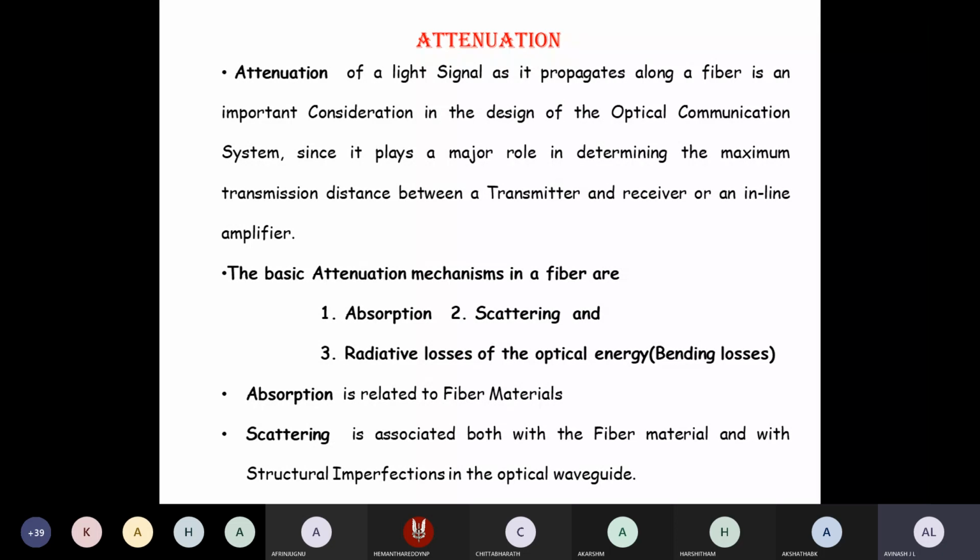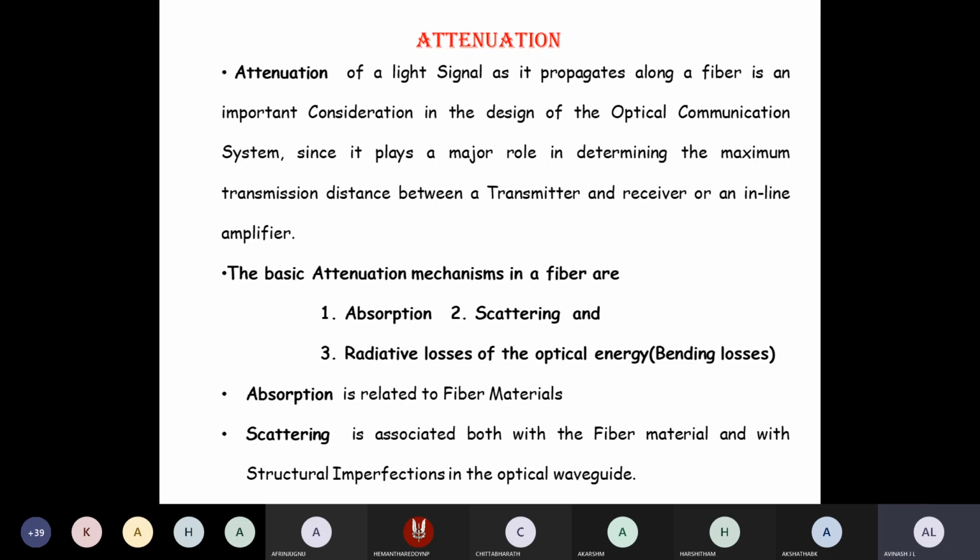Please make a note of it, all of you. Write down the three things. The basic attenuation: you are going to write that attenuation of a light signal as it propagates along the fiber is an important consideration.